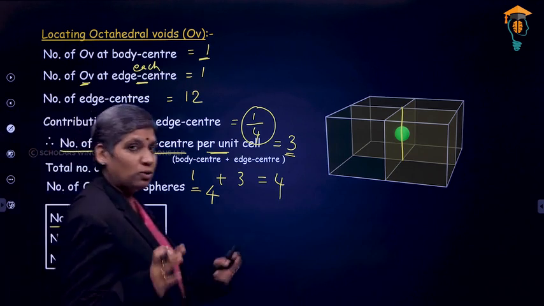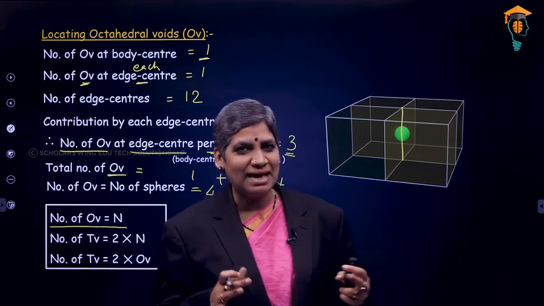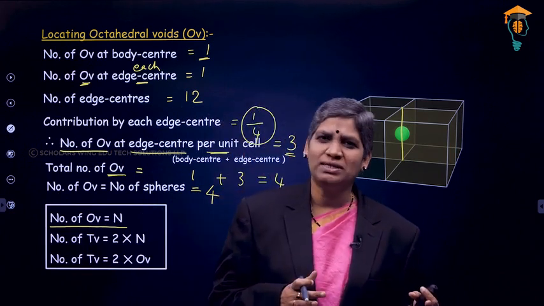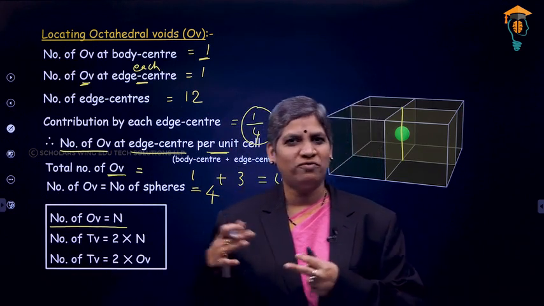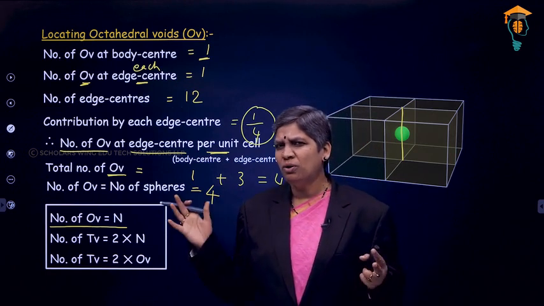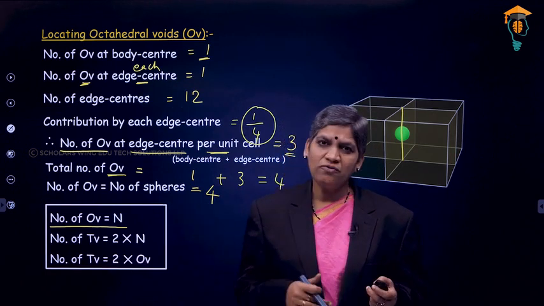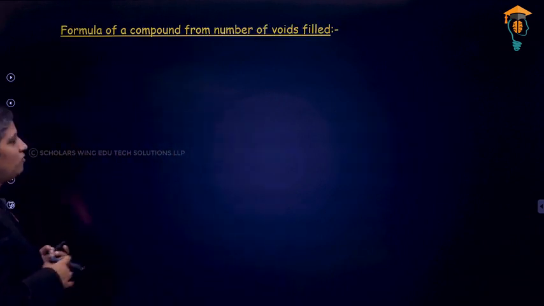So we have successfully proved the relationship between number of TVs and spheres, number of TVs and number of OVs, and number of OVs and number of spheres. But what is the significance behind all these relationships? If you know these relationships, you can actually find out the formula of a compound.